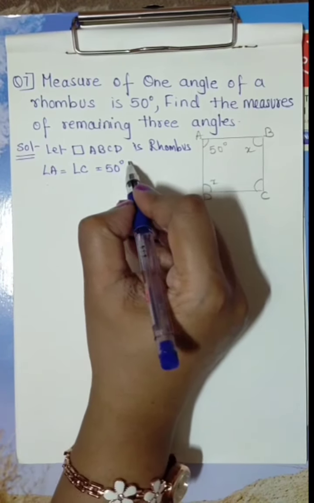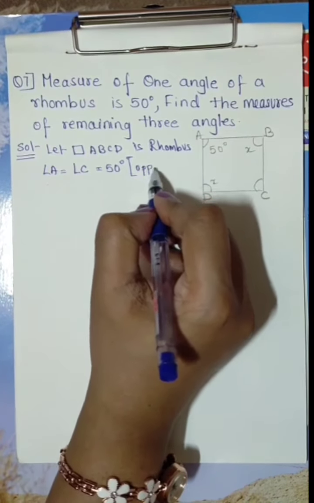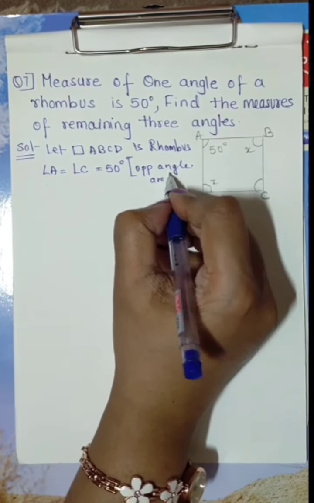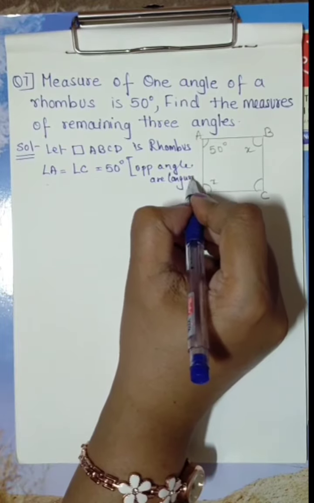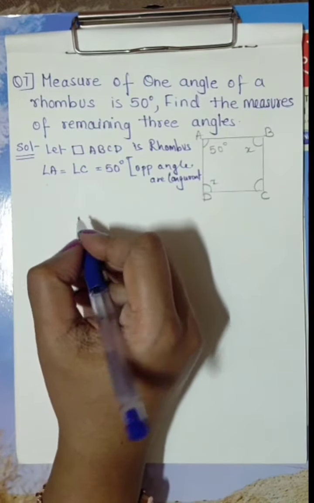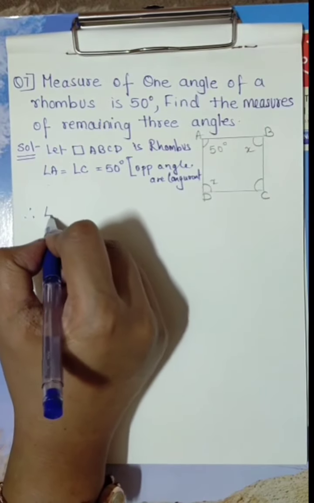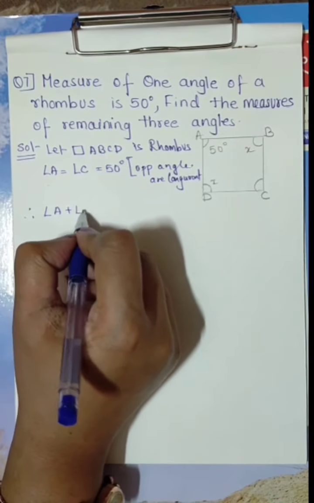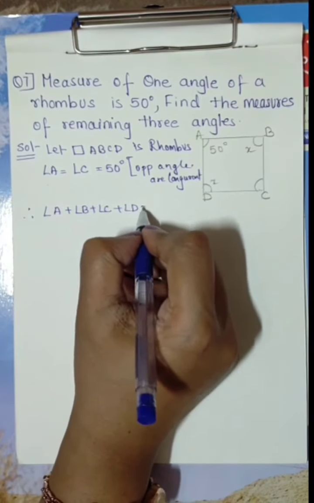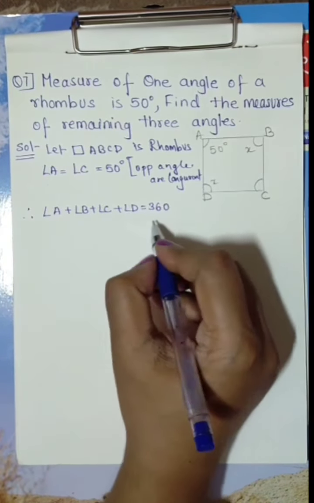Why? Because opposite angles are congruent. Therefore A plus B plus C plus D is equal to 360. Why?